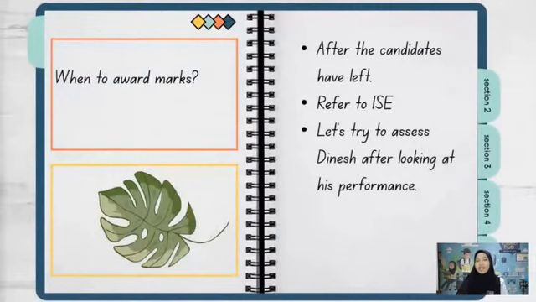Do your best to jot down on a piece of paper what you think the marks should be given for all the 4 components. What are they? If you have the ISE booklet, you can take a look at it because I showed it to you. It is in the ISE booklet, pages 26, 27, and 28.